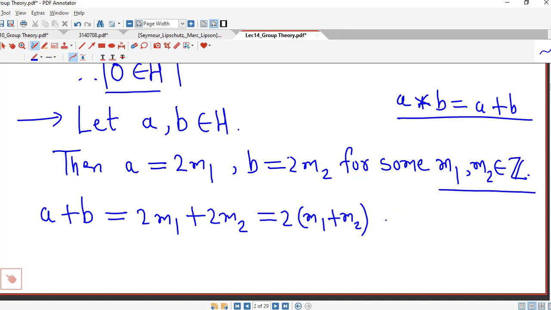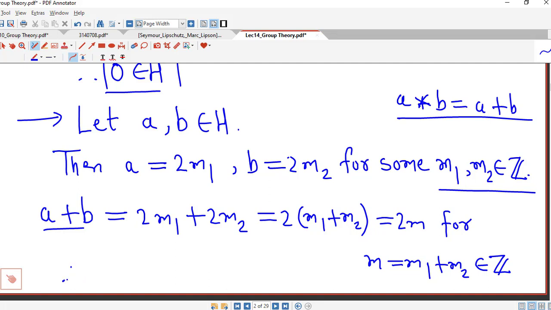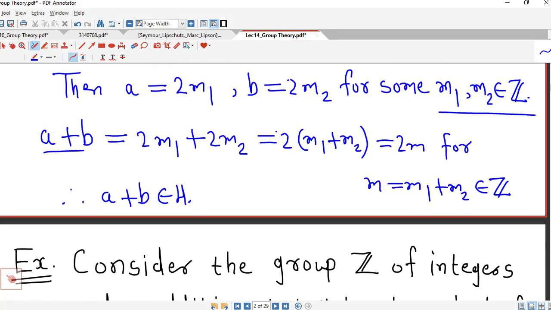Now m1 and m2 are integers, so m1 plus m2 is also an integer, which we denote by m. So for m equal to m1 plus m2 belonging to Z, a plus b is also a multiple of 2, that is, an even integer. Therefore a plus b belongs to H.